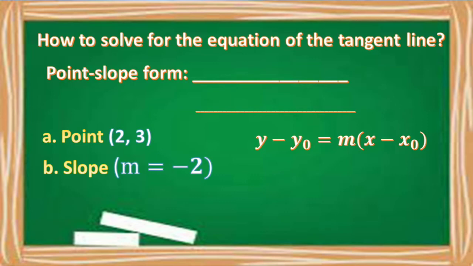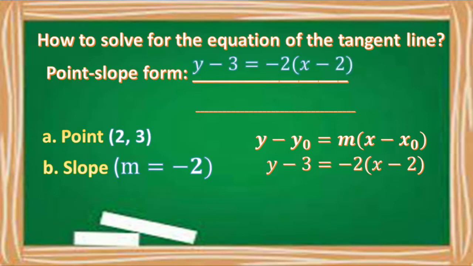Substituting these values, we have y minus 3 is equal to negative 2 times the quantity x minus 2. Therefore, the equation of the tangent line is y minus 3 is equal to negative 2 times the quantity x minus 2.